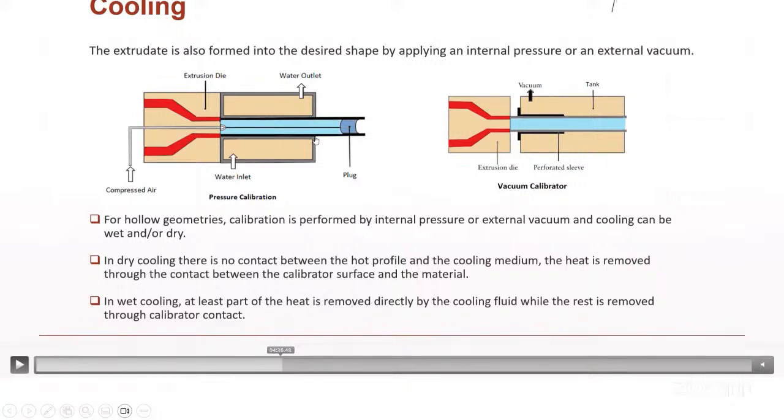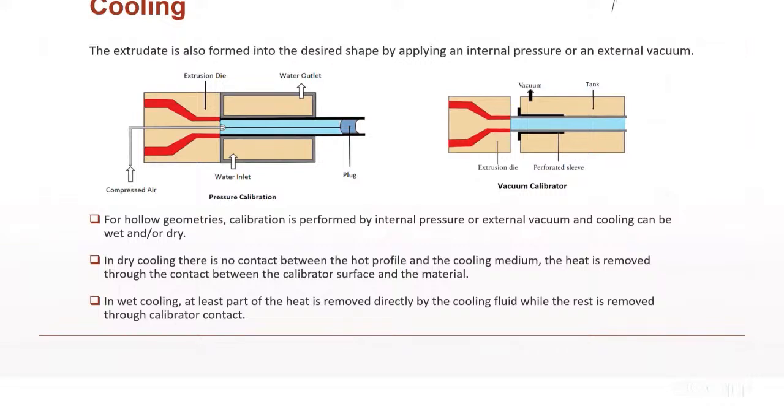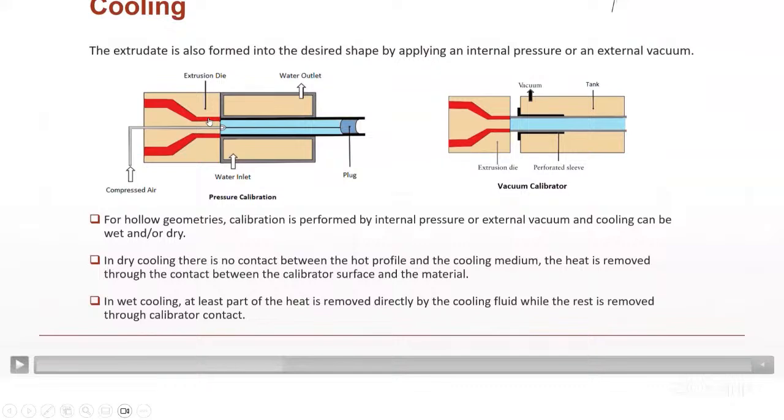Generally people are thinking, why is the material not collapsing in the sizing unit? Because see now it is very close to the die, right? And why it is not collapsed is because we are passing a compressor here and the plug at the front. Therefore, due to the plug, the air cannot escape from the pipe, right? And therefore your dimension of the pipe is maintained.